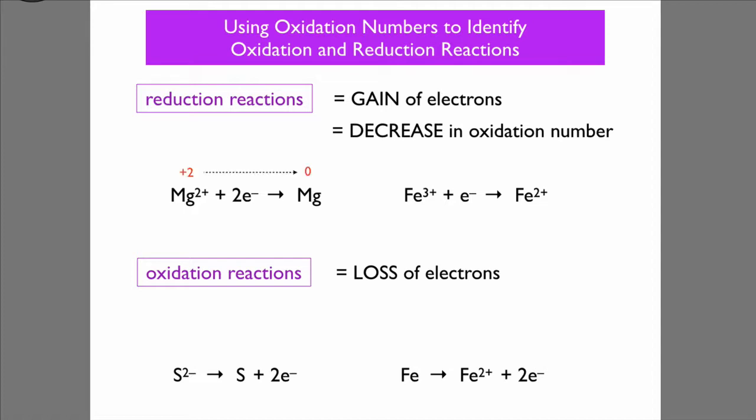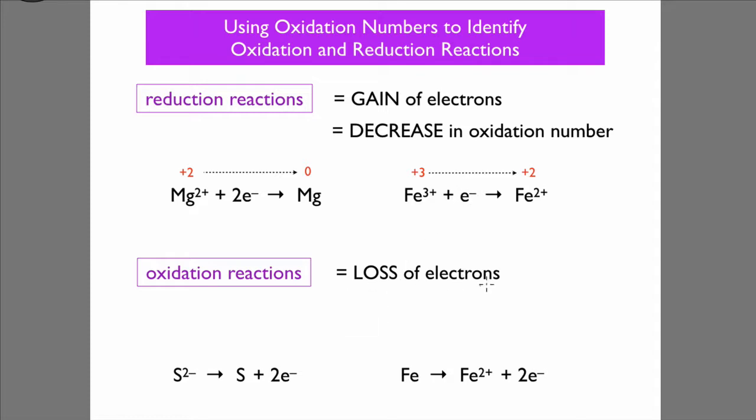Here you can see magnesium has an oxidation state of +2, and after the reduction reaction, where it's gained electrons, it has an oxidation state of 0. There's a decrease in the oxidation number. Similarly here, iron had an oxidation state of 3+, and it's gone down to 2 because it's gained an electron.